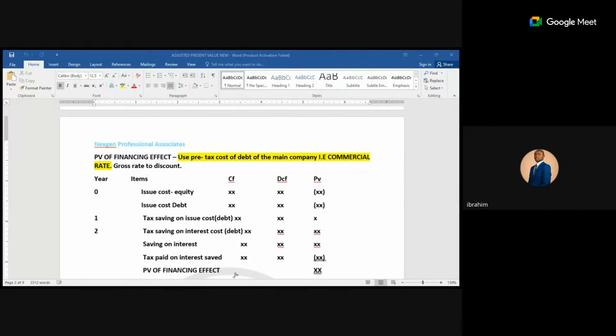Class, the question now is, what should we use to discount the PV of financing effect? That is the commercial rate or the cost of debt of the main company.